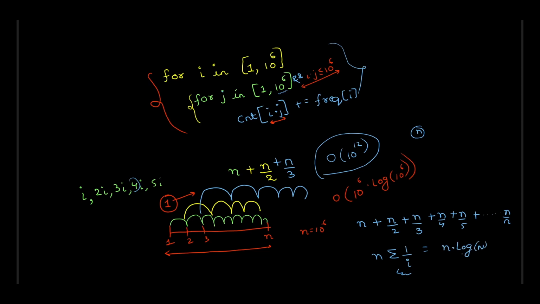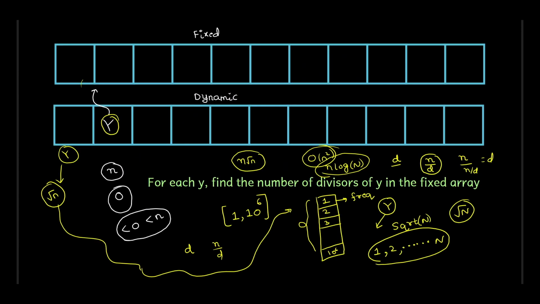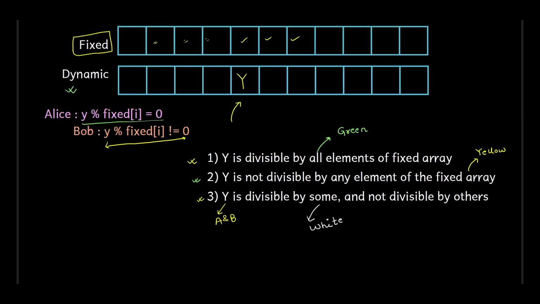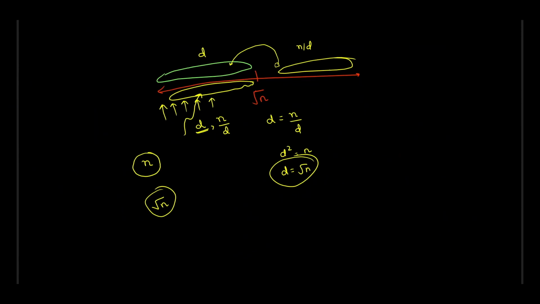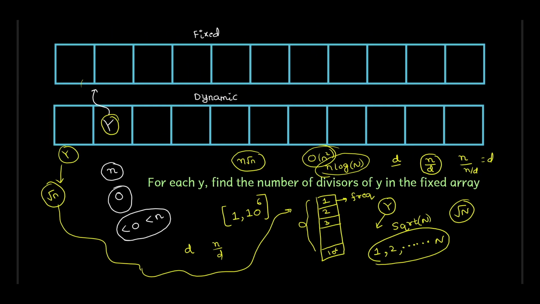So now we have a strategy to compute the number of divisors for each element y from the original fixed array in O of n log n. And once we have this, we can apply our game theory strategy to solve the original problem. You can see that this problem just took some concept from number theory, some concept from game theory, and concatenated them.